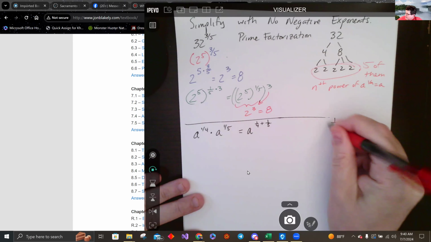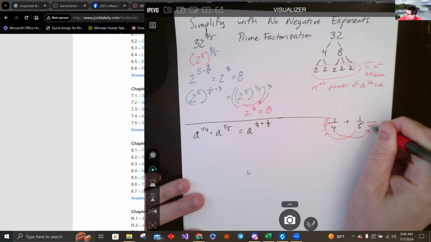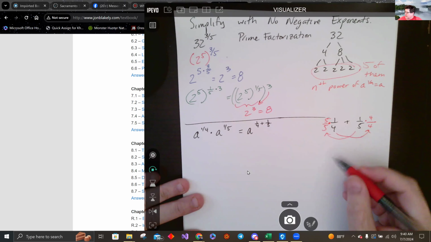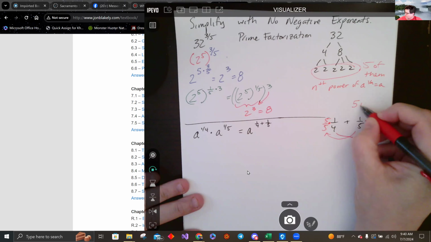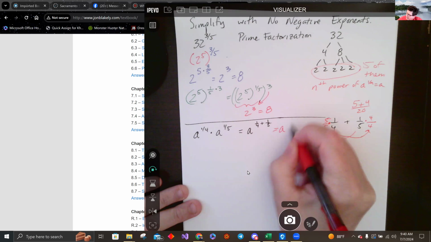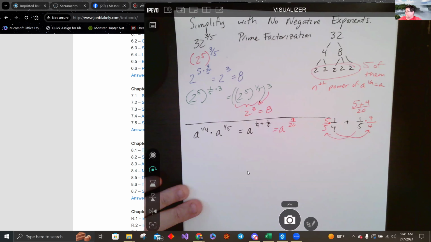I will multiply this one by 5 over 5, just grabbing the other denominator. Here I'll use 4 over 4. I end up getting 5 plus 4 over 20. So this ends up being a to the 9 over 20.